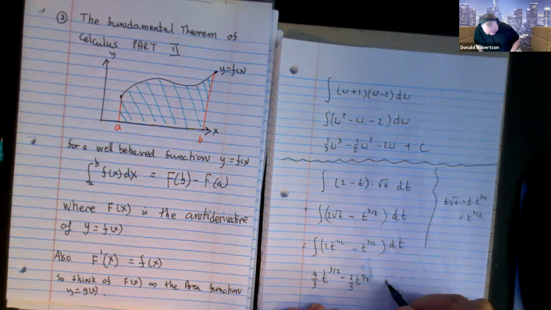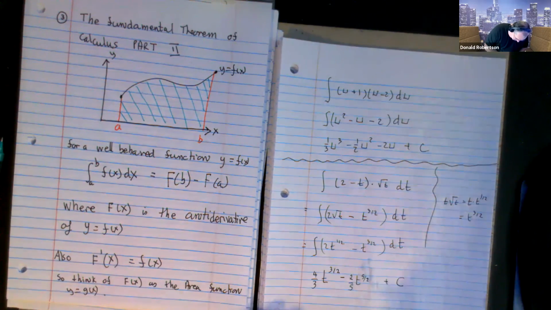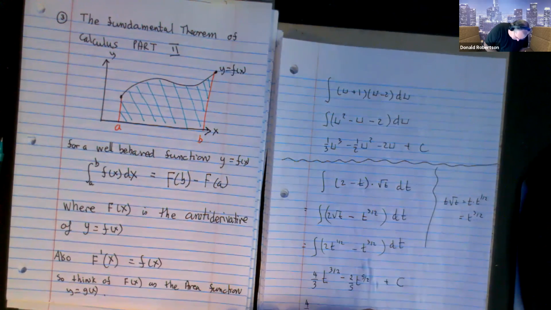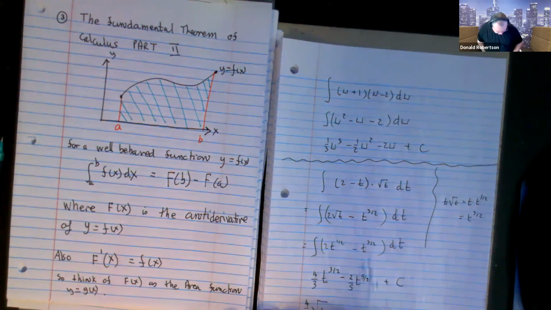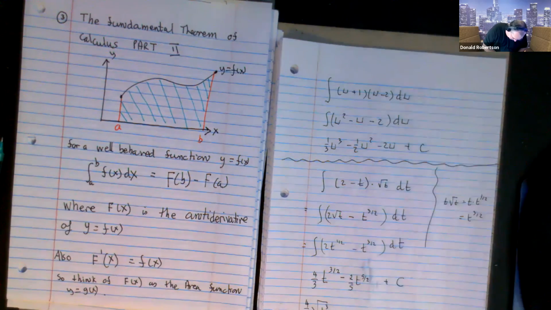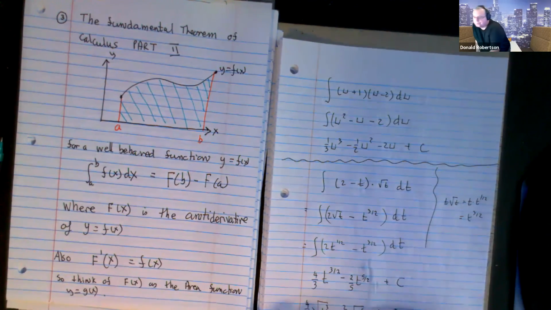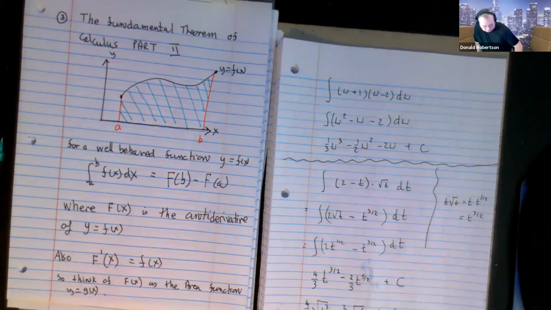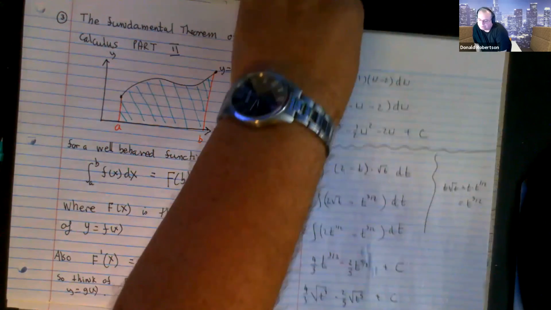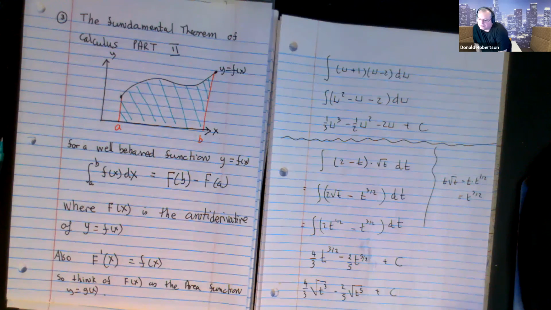And then style points. 3 halves is the square root of t cubed. And 5 halves is the square root of t to the 5. Are we good on that one now? Make sense?